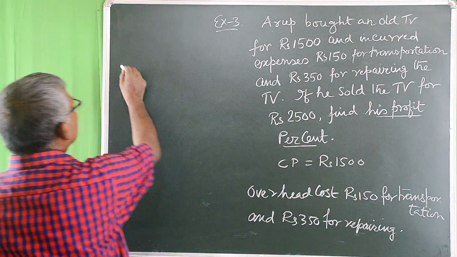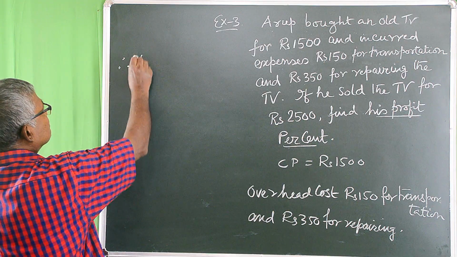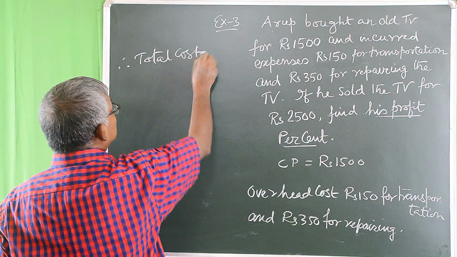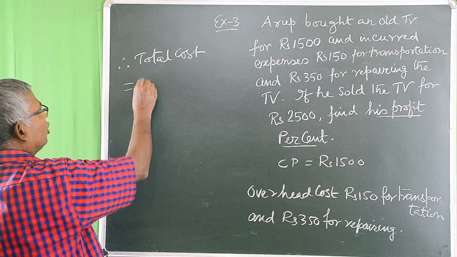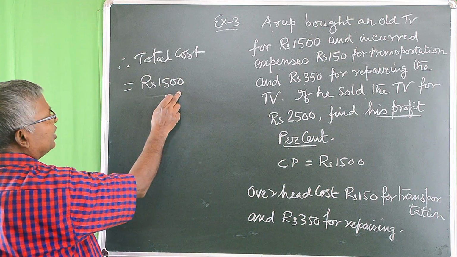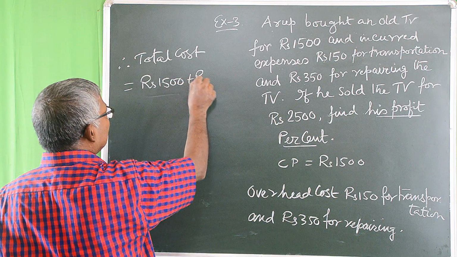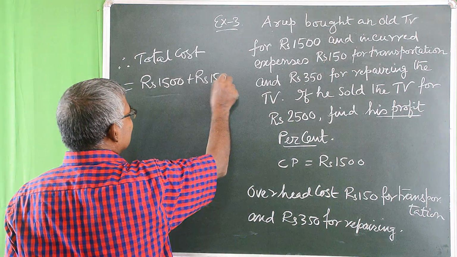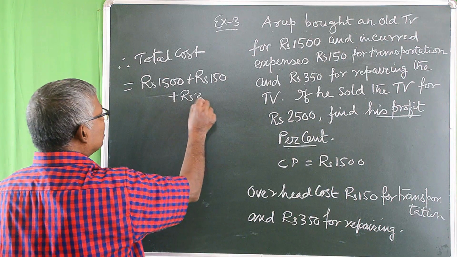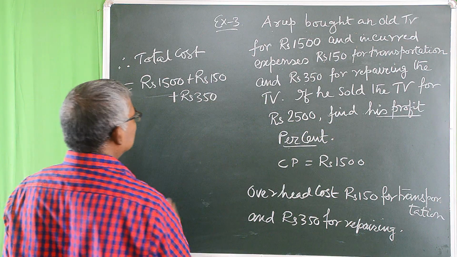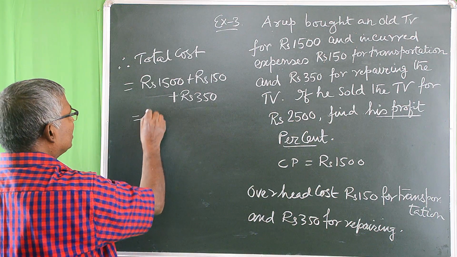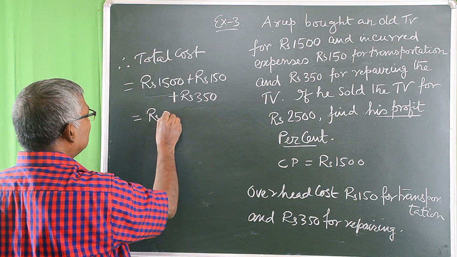Therefore total cost equal to rupees 1500 cost price of the TV plus rupees 150 as transportation cost plus rupees 350, that is repairing charges, equals to rupees 2000.